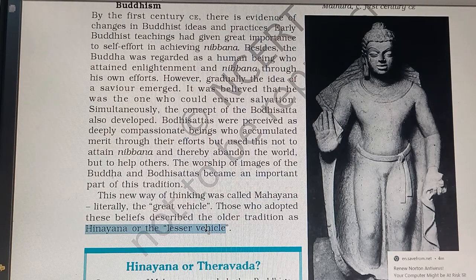So this is how we see that in the earlier form of Buddhism, Buddha was regarded as a teacher, as a human. But from the 1st century CE, there was a change, and they started emphasizing Buddha as a savior, and worshipping Buddha in the form of God.